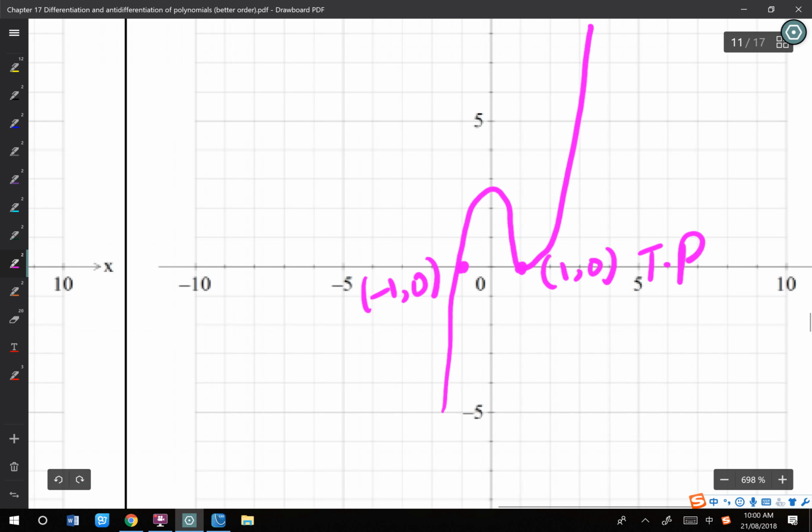The graph will look like this. After negative 1, the whole graph needs to be above the x-axis, and it also needs to have a turning point at 1, 0. That's how you will sketch it. But on the left-hand side of negative 1, the derivative is negative, so you need to go down on the left-hand side. So you have negative there and no positive.